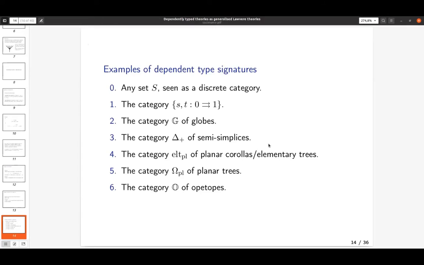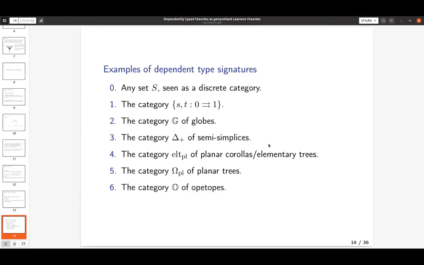And here are some well-known examples. Any set, of course, is a discrete category. It's a locally finite direct category. The category with two objects and two parallel non-identity morphisms between them. The category of globes, the category of semi-simplices, the category of planar corollas or planar elementary trees, the category of planar trees, the category of opetopes.